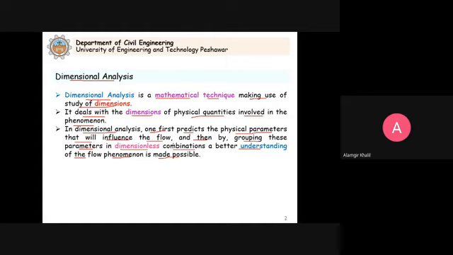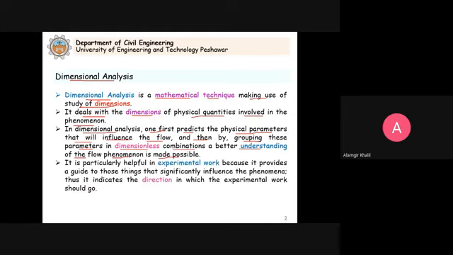And then by grouping these parameters in dimensionless combinations, a better understanding of the flow phenomena is made possible. So you can see that it requires a good understanding first, clear? If you miss any important parameter, so then definitely the required results will not be achieved. So this is important, clear?